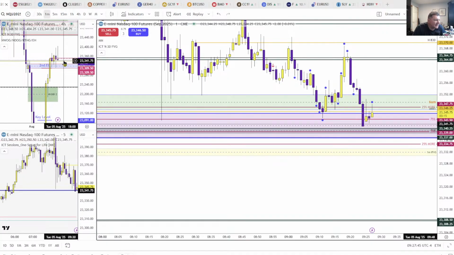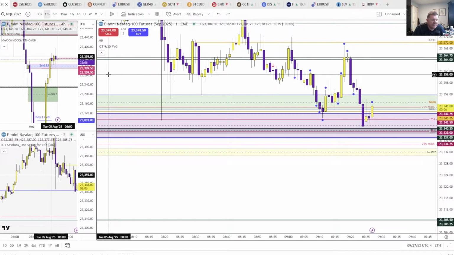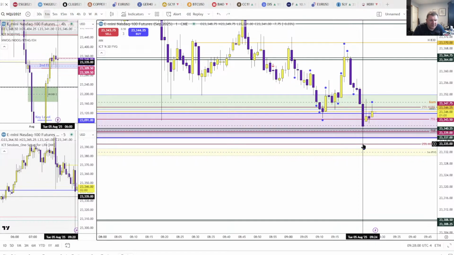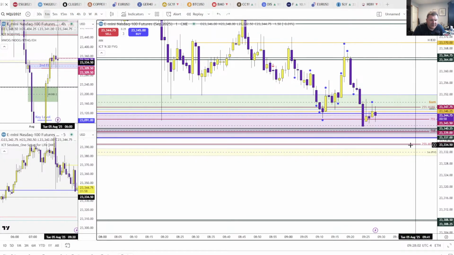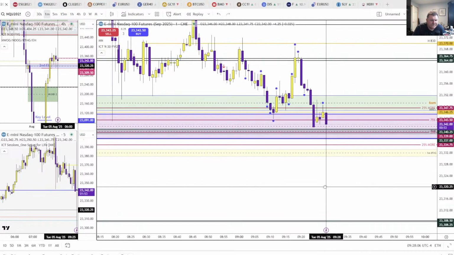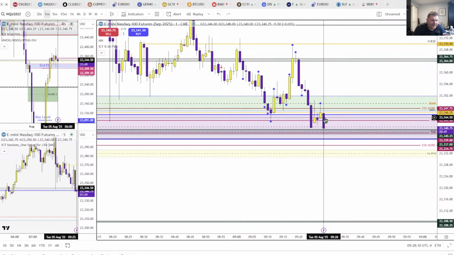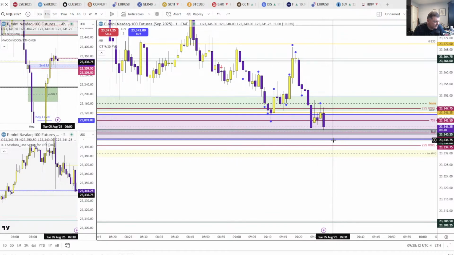The next downside would be 335 to 333. See if it gets down to this 25% mark. That area is holding price.